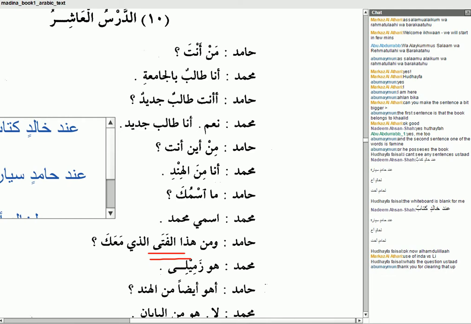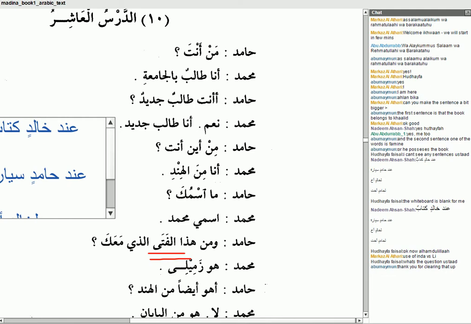Al-fata means a young boy or a youth. Al-fata is a youth or a youngster, a young boy. Masculine, mudhakkar, and it means a young boy. That's the second thing that you're going to be learning in this class.